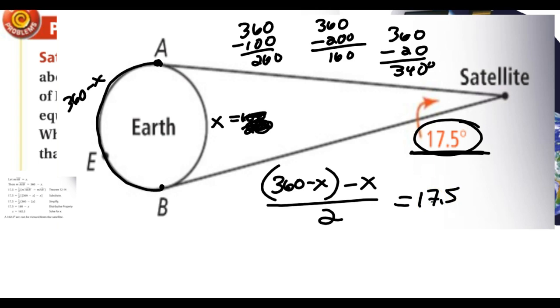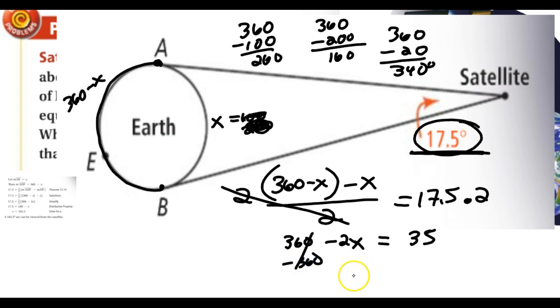Do your algebra and solve for x. So I'll do this kind of quickly. This is going to be 35 equals, I don't really need parentheses here. What's negative x minus x? It's negative 2x. So 360 minus 2x equals 35. I canceled out the 2 by multiplying both sides by 2 and got 35. Subtract 360 from both sides. Boom, that cancels.